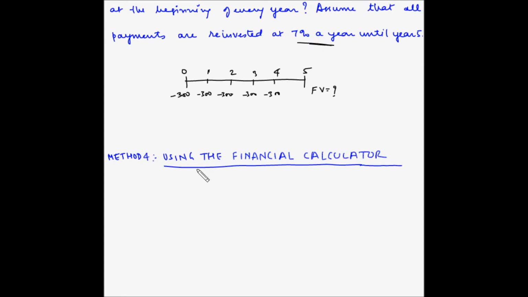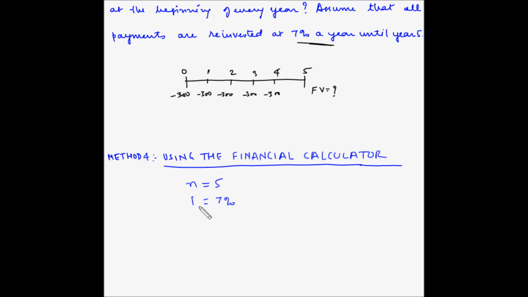Now in order to use the financial calculator to find out the future value of an annuity due, we have to take into consideration 5 main buttons. The first one is N, which is the number of periods, which in our case is 5. Next is I, which is the rate of interest, which is 7% in our case.